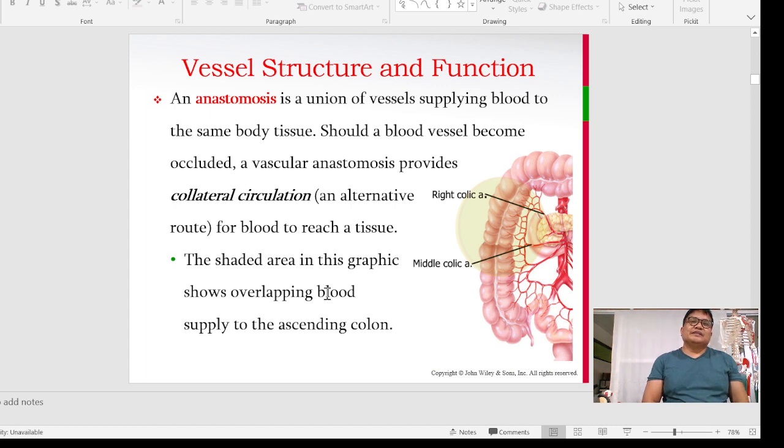Okay? We call that anastomosis, or collateral circulation. Then there is arteriovenous anastomosis. Arteriovenous means arteries and veins anastomosis.